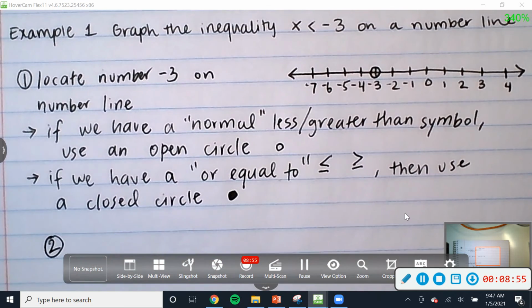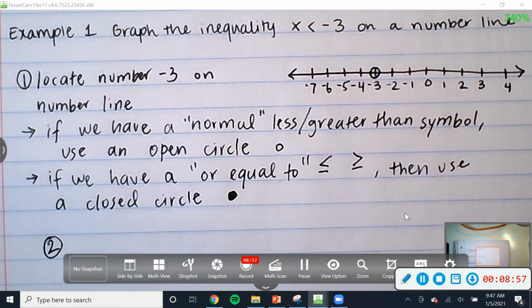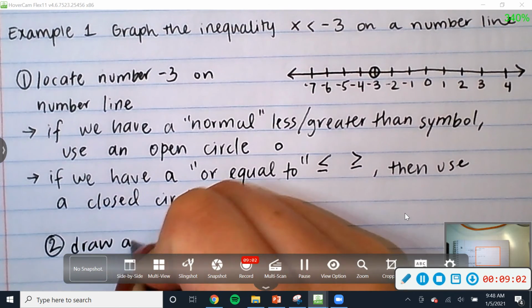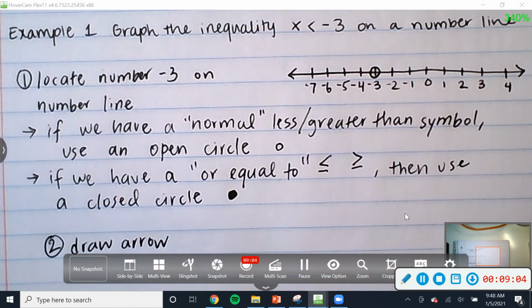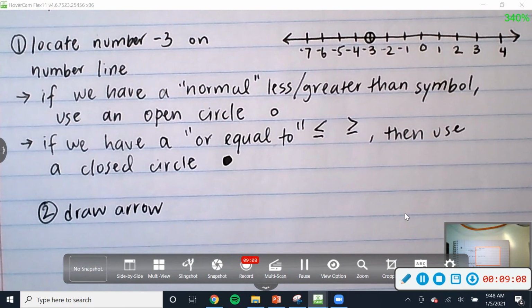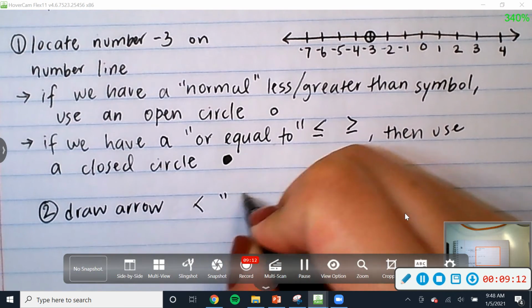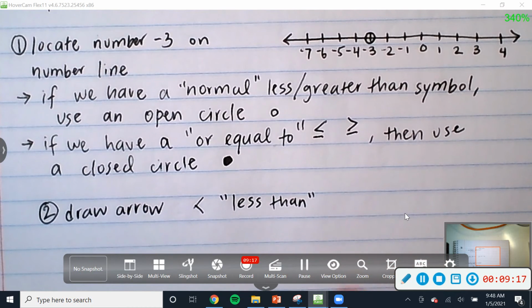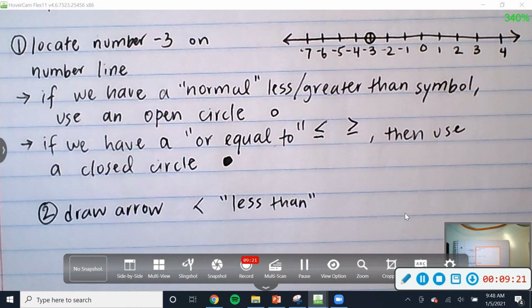Okay, so I'm going to first finish graphing this because all we need to do is our last step for graphing. So our last step is to point the arrow, so draw the arrow, depending on the inequality sign. So that means that if we are drawing a less than symbol, right, this means less than, then we need to think about what direction would our arrow go if we're talking about numbers that are less than negative 3.